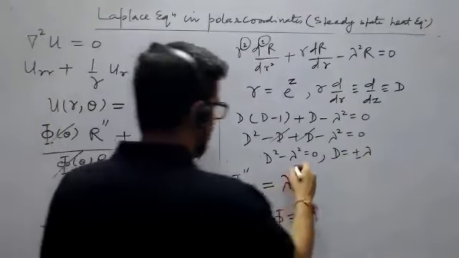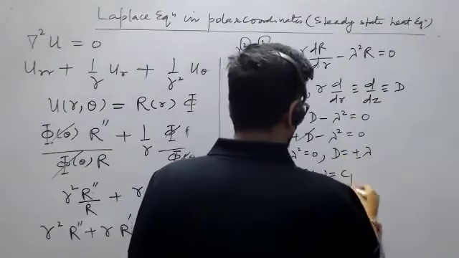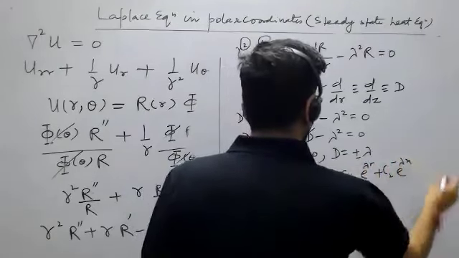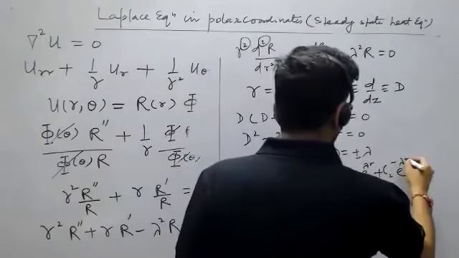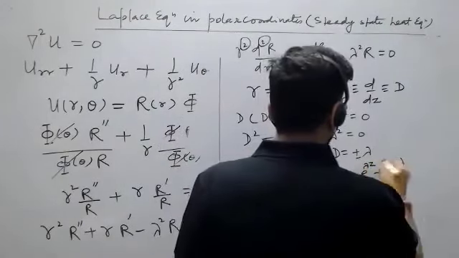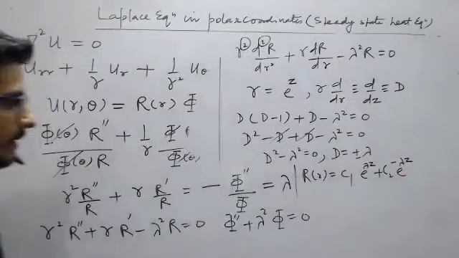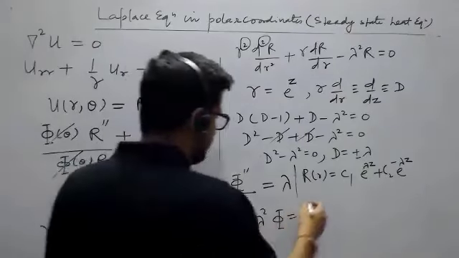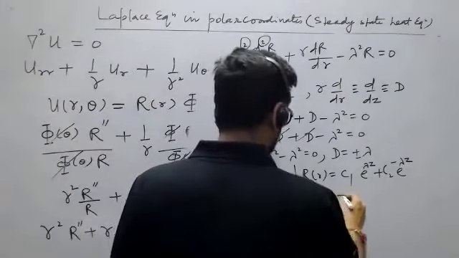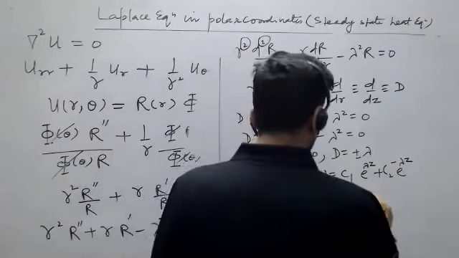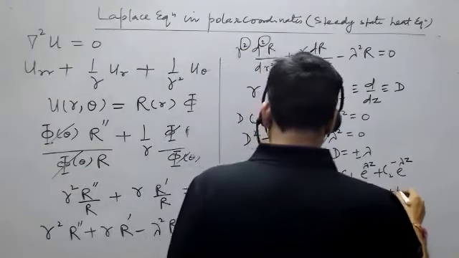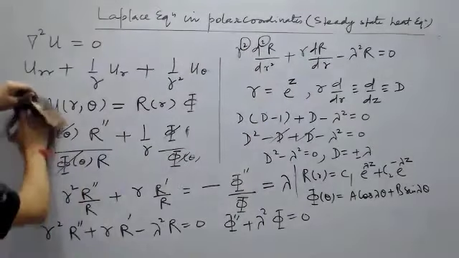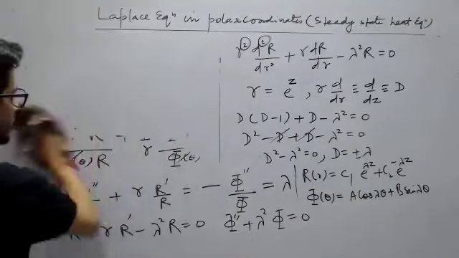So what is the value of R? That will become C1 e to the power lambda z plus C2 e to the power minus lambda z, because our operator is now z. And Theta is very simple, that is A cos lambda theta plus B sine lambda theta. So what kind of solution did we get?